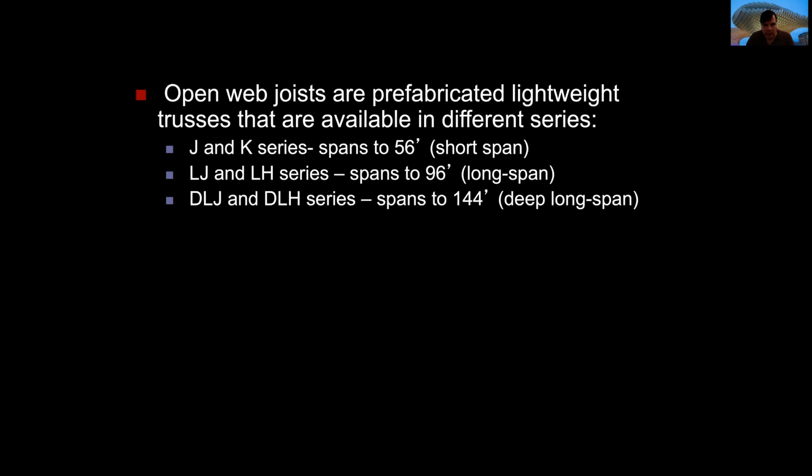They are lightweight. They are similar to trusses, and they are designed according to what is called a series. There are series of joists that are called J and K. The difference between J and K is that one is supporting more weight, but the span goes up to 56 feet. It's short span.